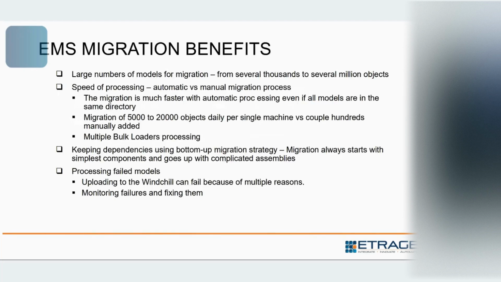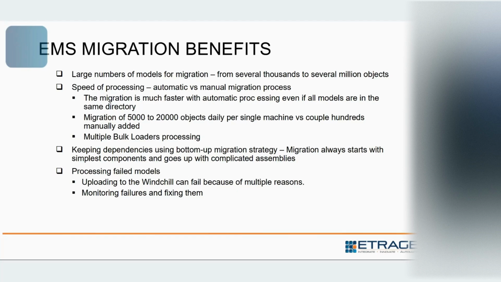Now let's review the migration benefits and what you can expect from our system. First of all, our system can handle a large number of models for migration, and those numbers go from several thousand to several million objects for processing.